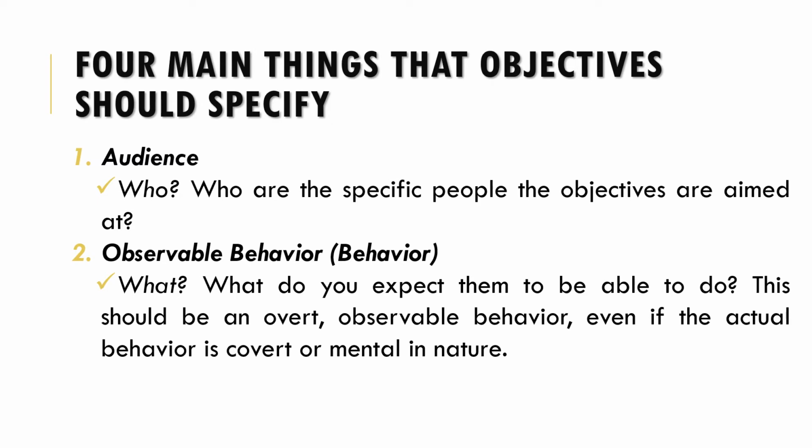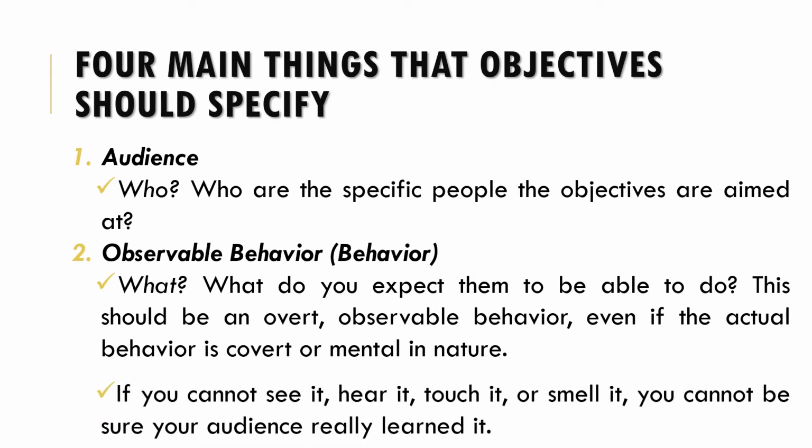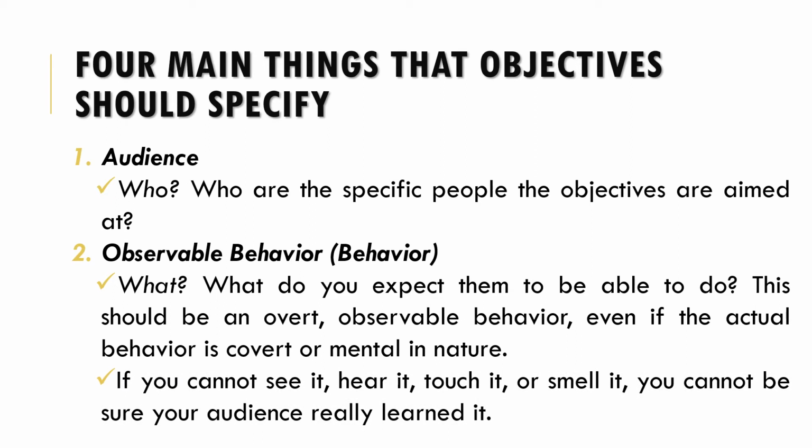Okay? There should be an overt observable behavior even if the actual behavior is covert or mental in nature. Okay. If you cannot see it, hear it, touch it, or smell it, you cannot be sure your audience really learned it. No? It should be tangible. So ito yung ibig sabihin talaga ng part na ito. No? So the bottom line here is all about tangibility.